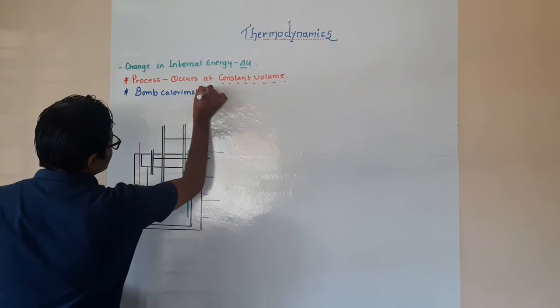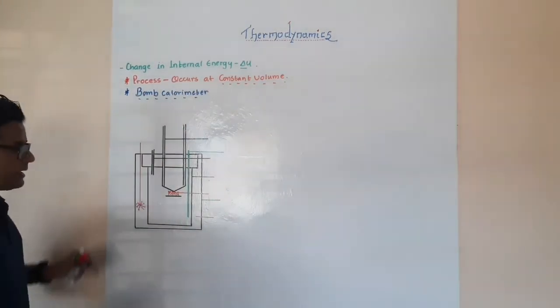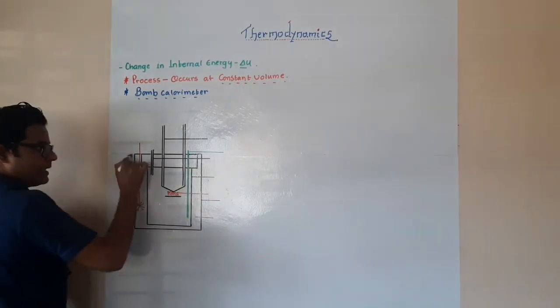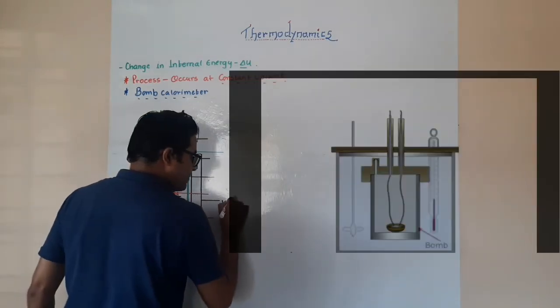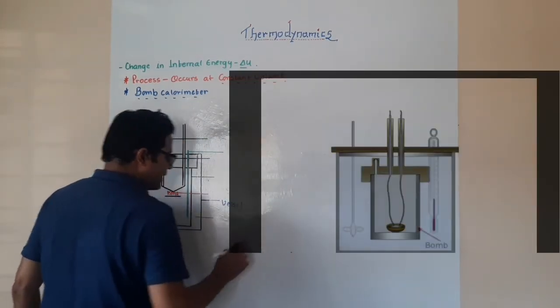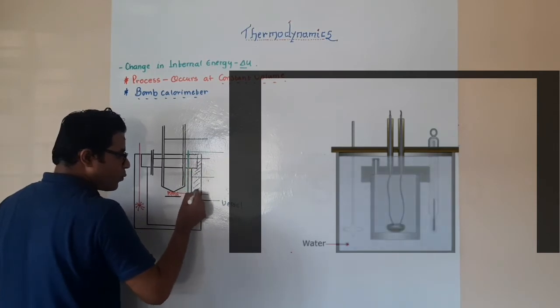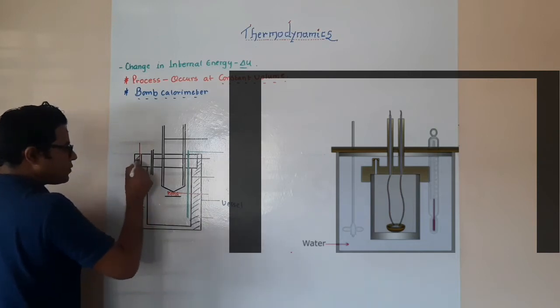So this particular bomb calorimeter is something like this. Now please follow this outermost black line that you see. This outermost black line is nothing more than a simple vessel, and this vessel is going to contain water. It is completely filled with water.